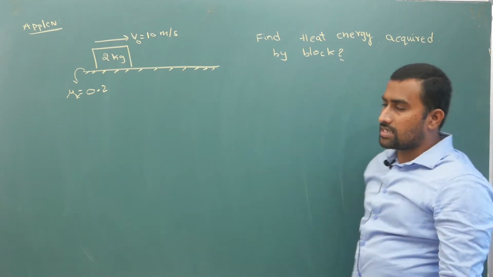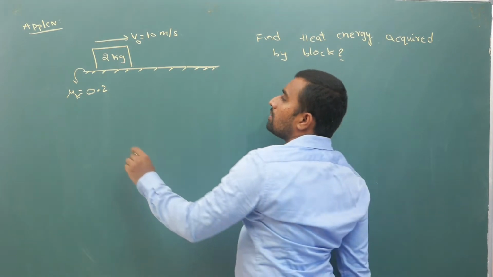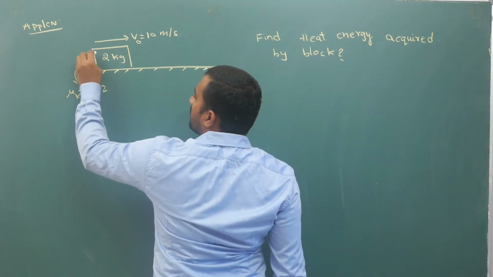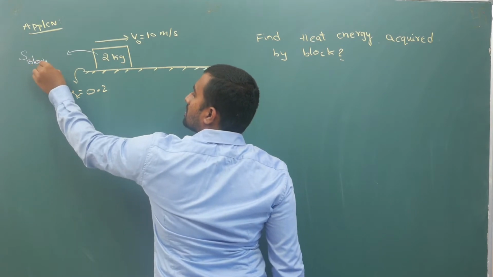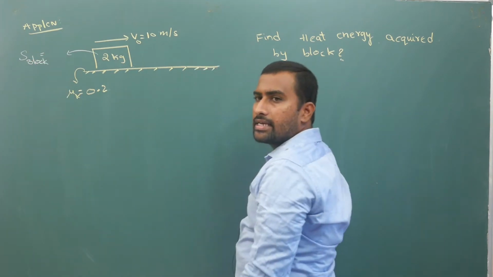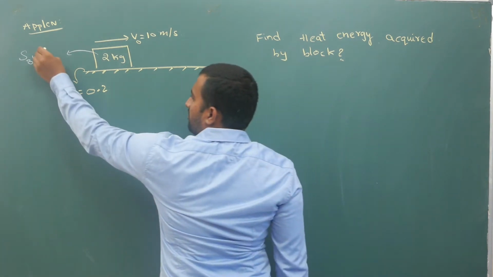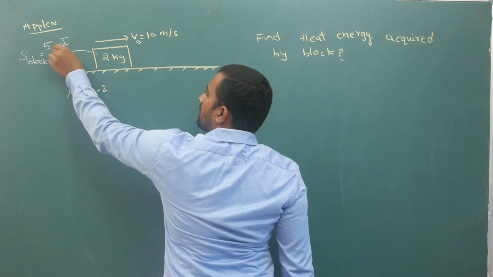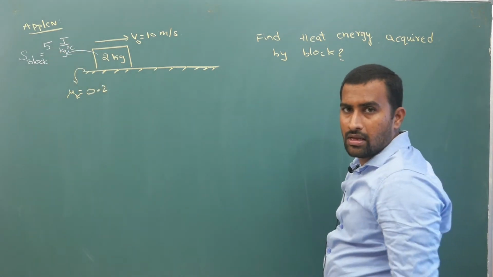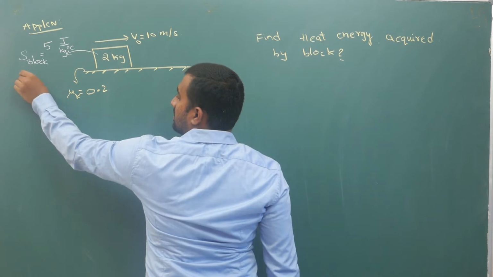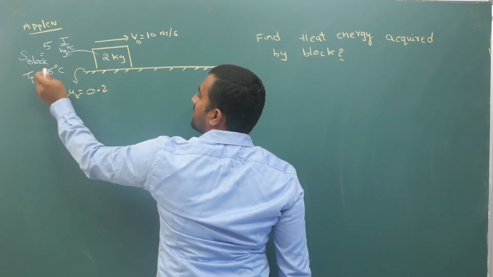My second question is, if this energy is known, let us say the specific heat of the block is some 5 joule per kg degrees centigrade, and let us say the initial temperature T initial is equal to 15 degrees centigrade.